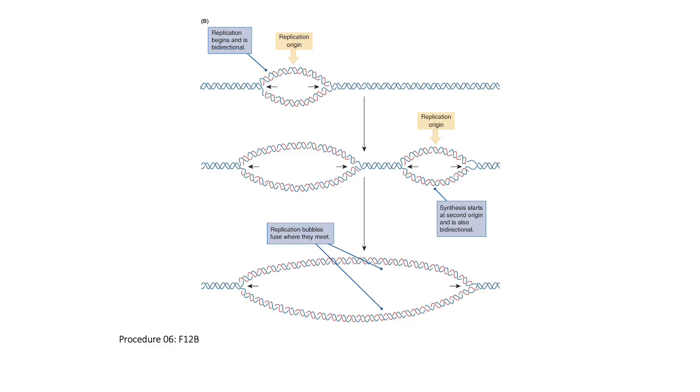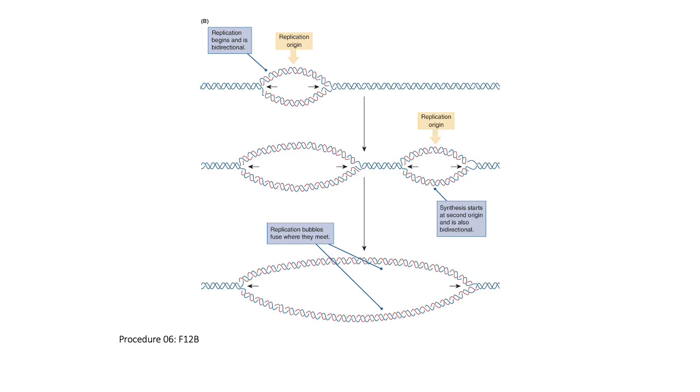And essentially, if you have bidirectional replication, the origin of replication stays in one spot, and then the replication forks migrate away from it. If you have unidirectional, then the origin stays in one spot, one replication fork stays right there, and the other replication fork migrates away from it.